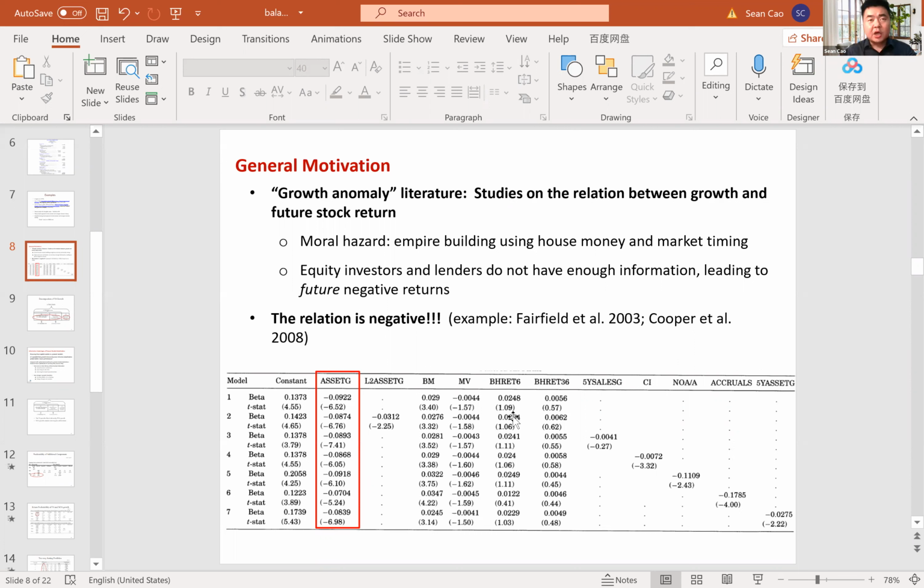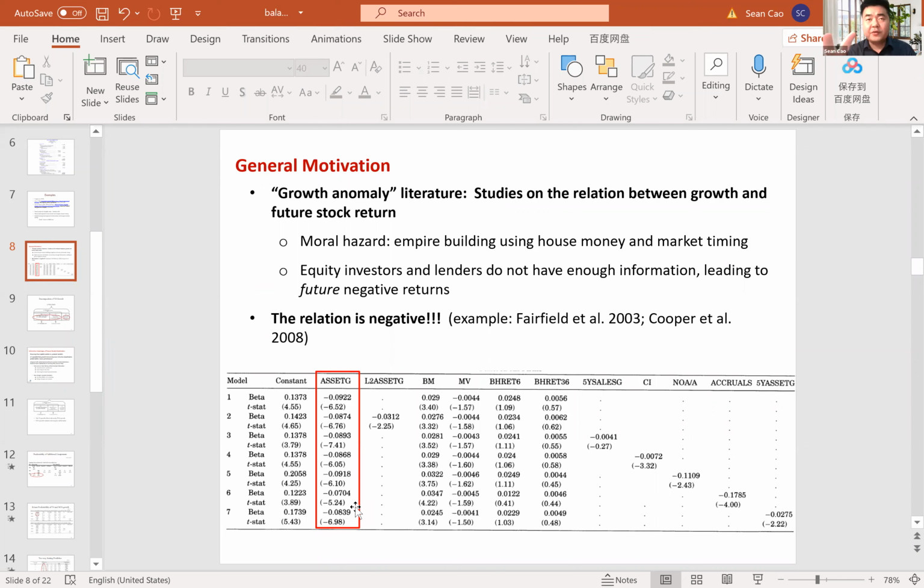And the test is Cooper and Fairfield. They did show that asset growth predicts future negative sales and future negative returns, and everything is negative here. So this is one simple way you can use the balance sheet to predict the future stock price.